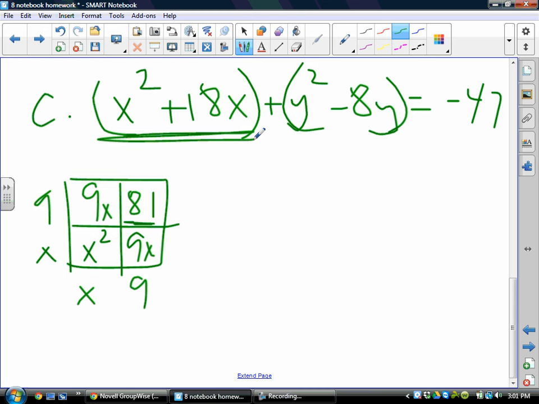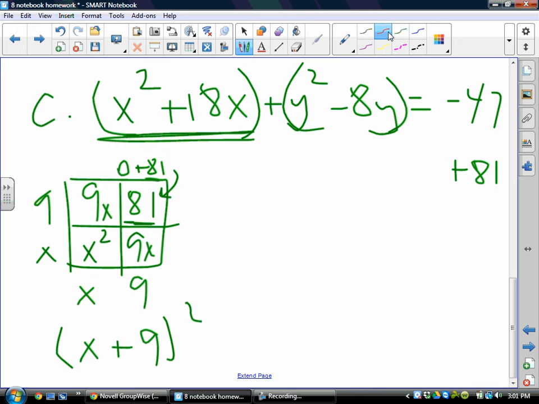I have none, I have 0. I need to add 81. 0 plus 81 will get me this 81. Since I added 81 here, I need to add 81 on the other side. Now I have a perfect square. Now I have (x plus 9) squared, and that's looking like a circle.